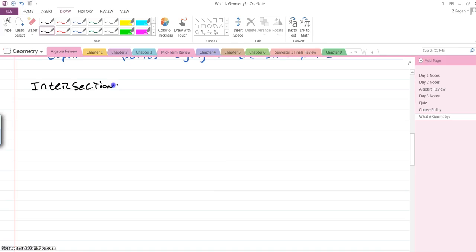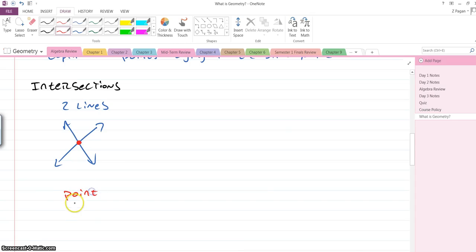Intersections. Now, I'm not the best artist, so just bear with me, and my pictures will make sense. Alright, the first thing we're going to talk about is the intersection of two lines. Alright, so if we have two lines intersecting or crossing, we say two lines intersect at a point.